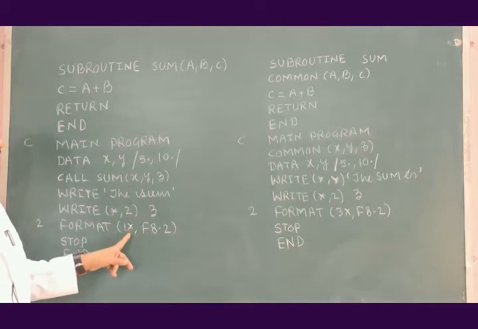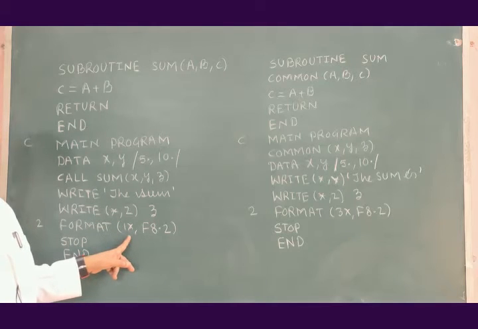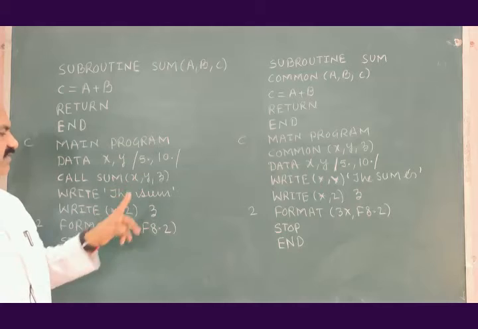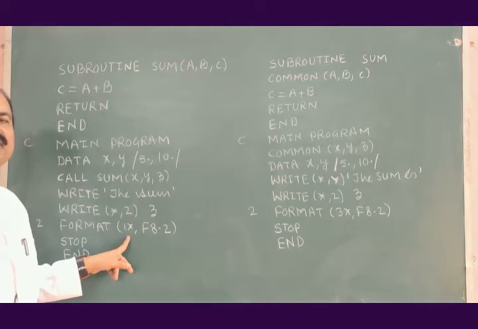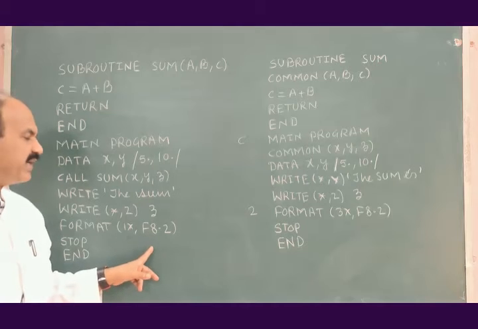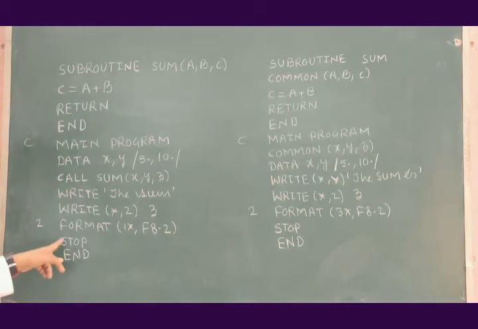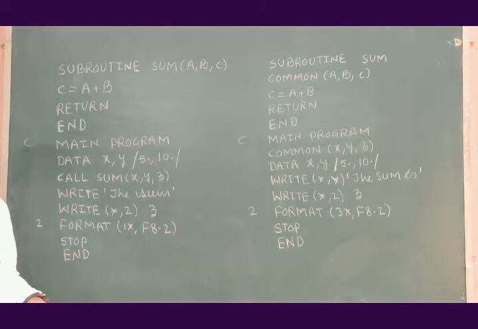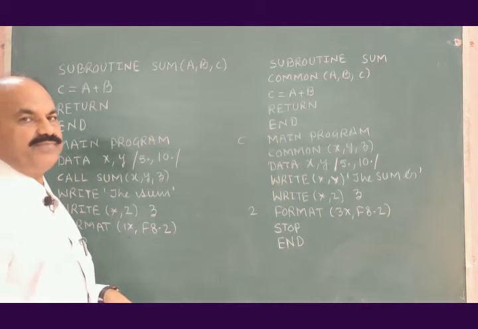In the format, 1x means one column is skipped, and z, which is the sum of x and y, is written in the format f8.2. Stop and end: the program execution will be terminated and the control will leave the program. This way, this program is written using the subroutine.